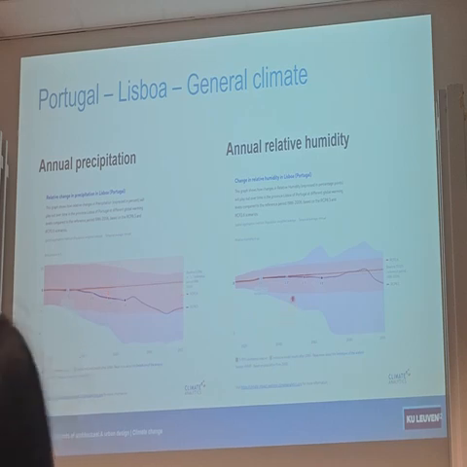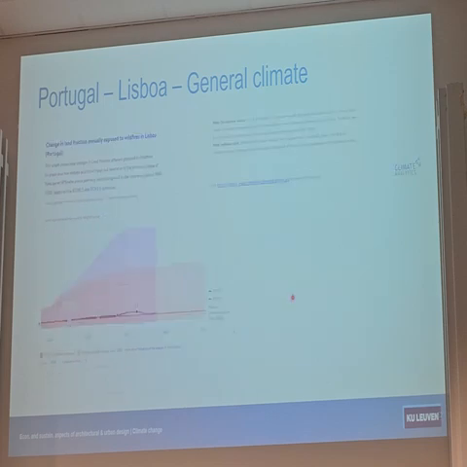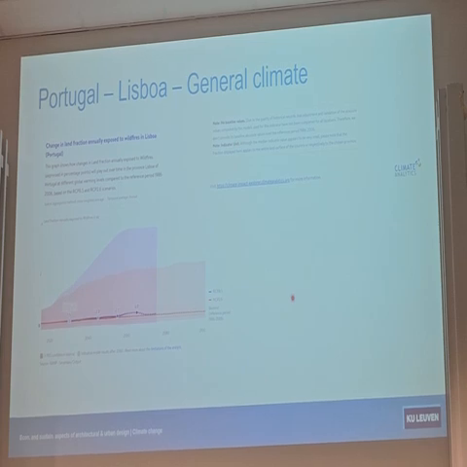Relative humidity is rather stable, I would say, which also has to do with the fact that temperatures get hotter and the air can hold more moisture, so relatively both increase. I also looked into one more impact related aspect on the global level, which in this case is the land fraction annually exposed to wildfires.